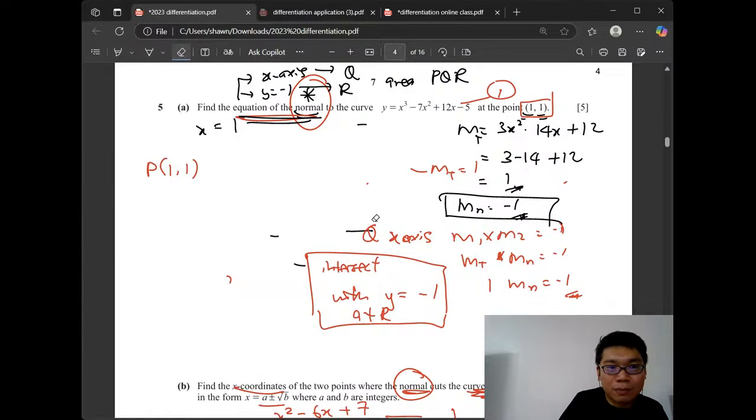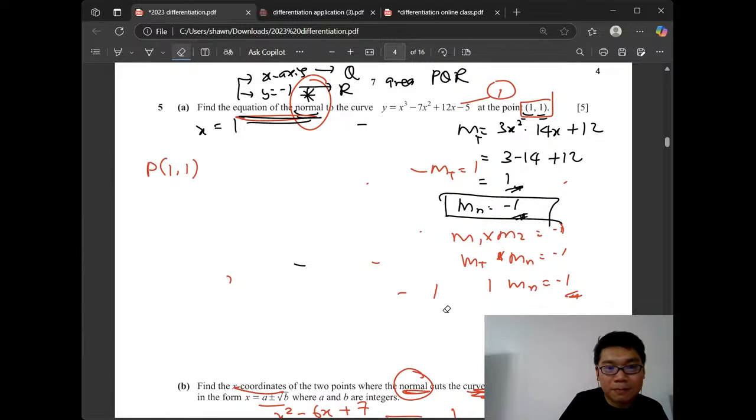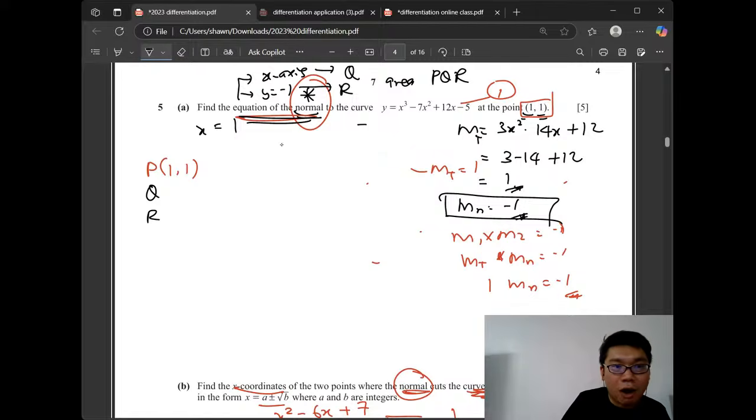Okay, since all the info I already extracted here, we need to find out the coordinates of P, Q, and R. So when they say Q is on the x-axis, it means y equals 0. The equation of normal, just now I already got, is y equals minus x plus 2, right?